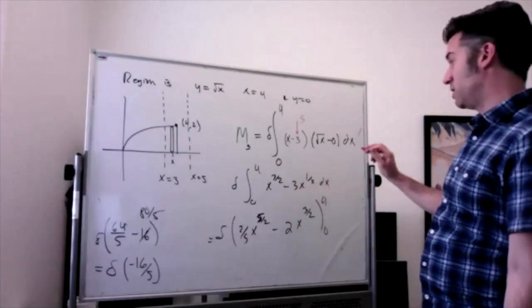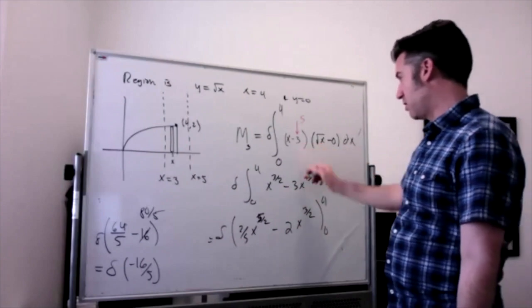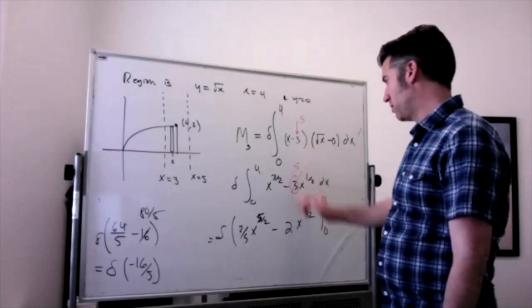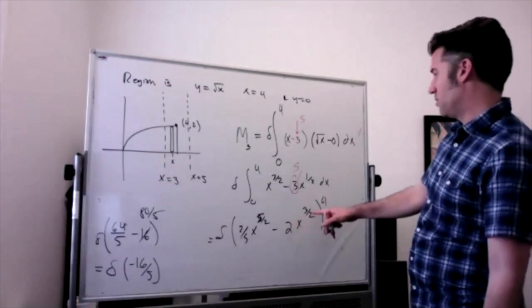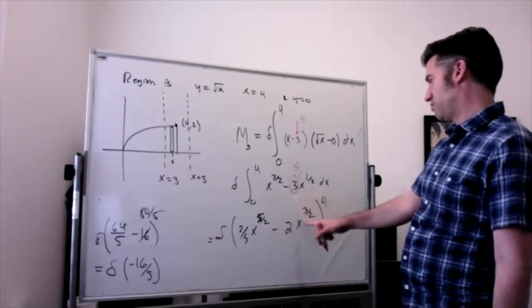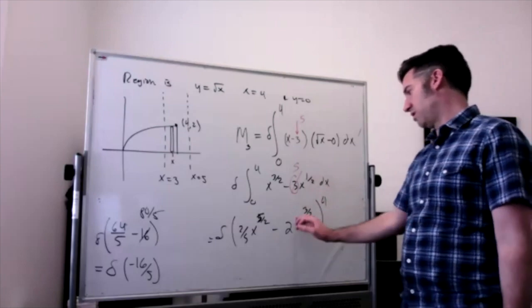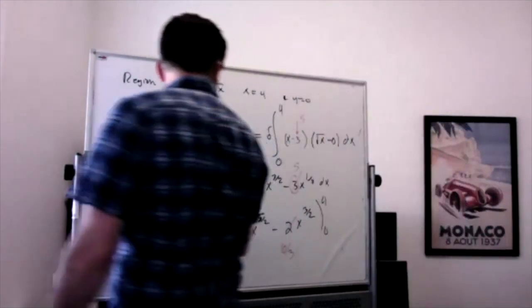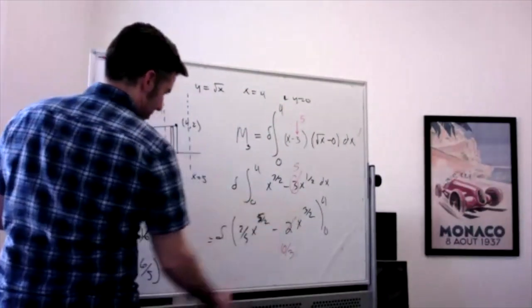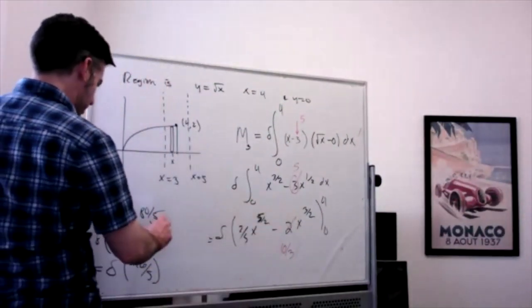The only difference would be instead of a 3 here, you'd have a 5 here. So instead of a 2 here, you'd have 5 times 2/3, so you'd have 10/3. And over here, when you plug in, you'd have 8 times 10/3, which is 80/3.